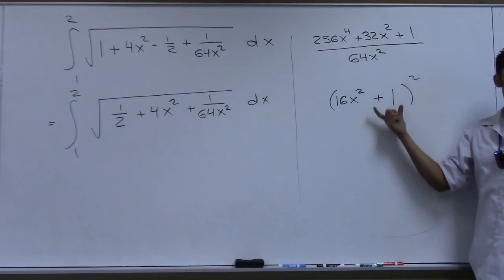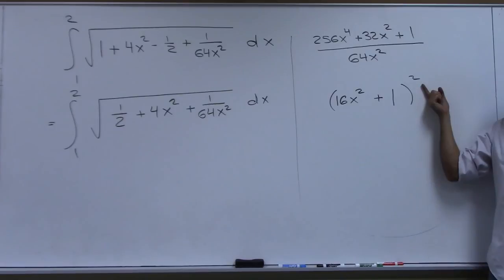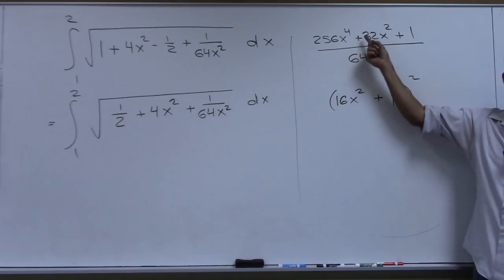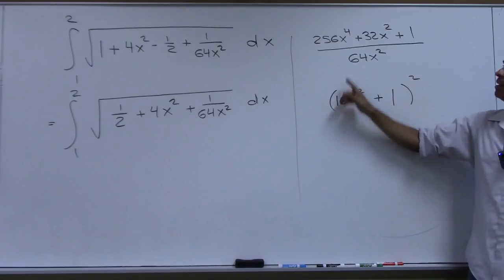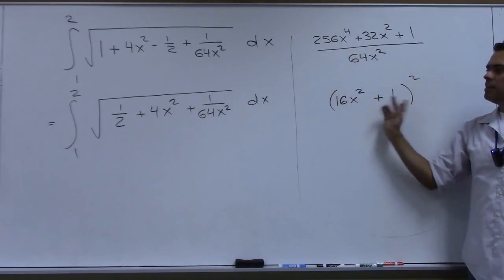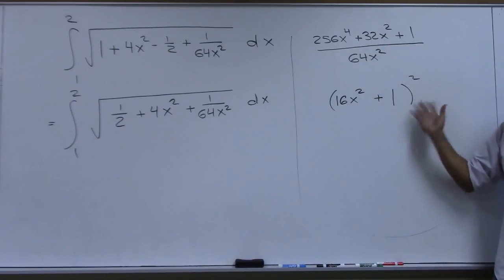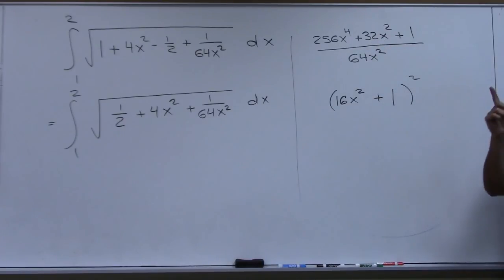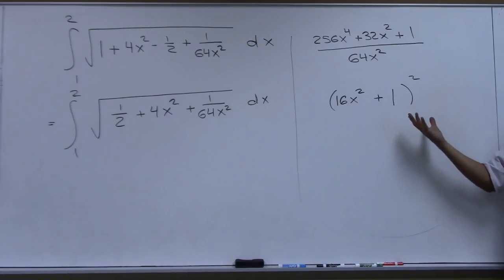This right here is 16x squared plus 1, squared. If I square that, don't I get this? 16 times 16, 256. 16 plus 16, 32, and then the 1 at the end. So verify it on your own, but be ready for that on a problem. I mean, these got to work out. The algebra's got to happen, right?